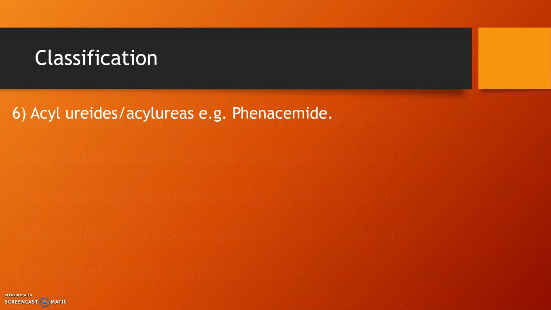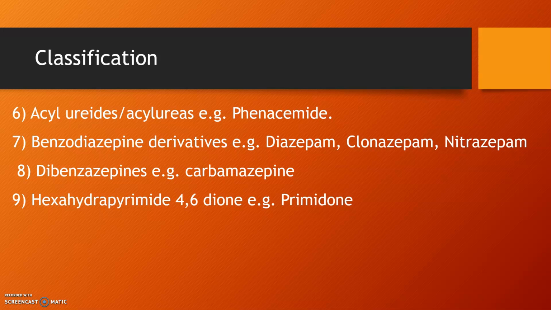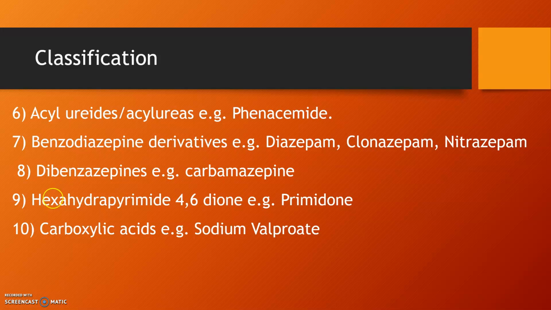Next class is aryl ureas or acyl ureas. Then benzodiazepine derivatives, dibenzazepine derivatives, hexahydropyrimidine derivatives, and carboxylic acid derivatives. These are the different classes of anticonvulsant drugs.